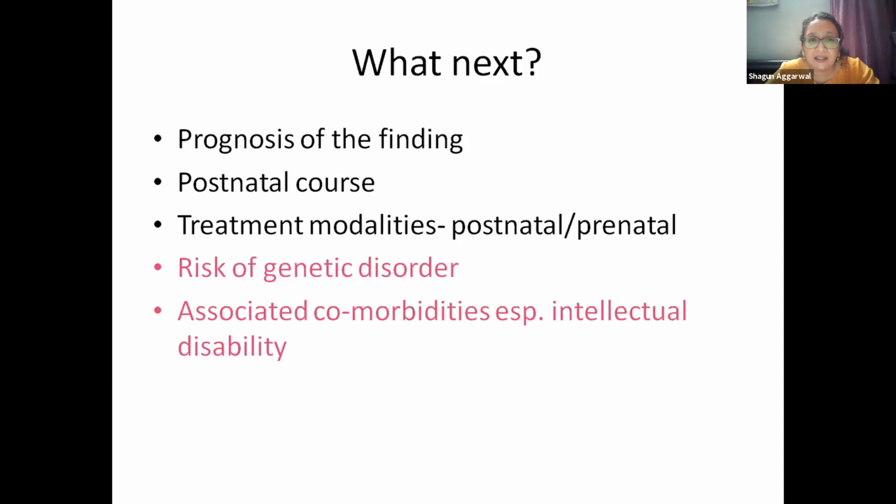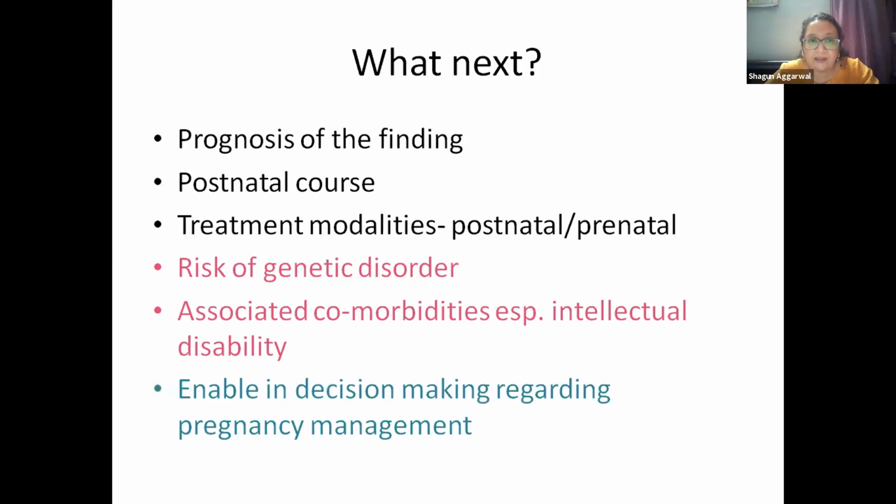Because this really determines other associated things which could happen to the baby once it's born. So if there is a genetic condition, there would be associated comorbidities in most cases, and the most problematic of that is intellectual disability. So both these aspects are really important to communicate to the patient, so that we can enable appropriate decision making.